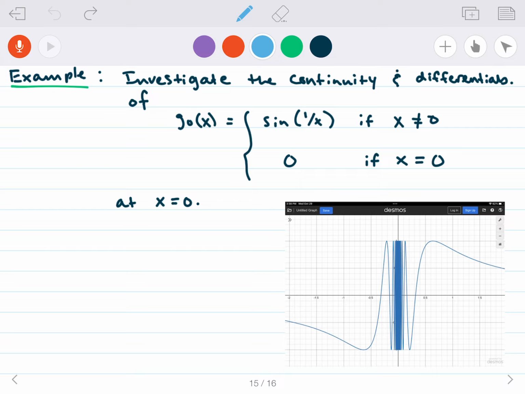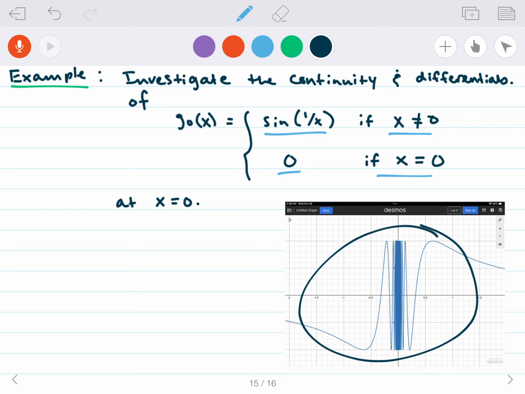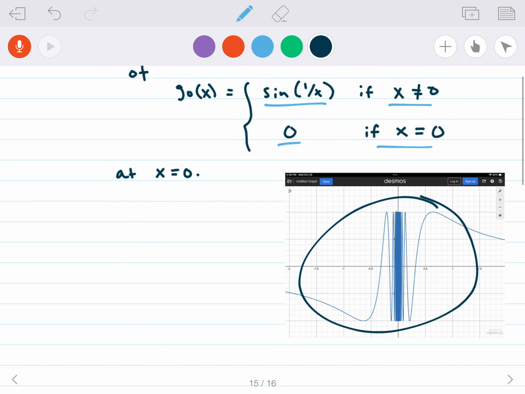g naught of x is equal to sine of 1 over x if x is non-zero, and it equals 0 if x is equal to 0. Now, if you're just plotting this in Desmos, it does sort of look continuous at 0. There's a lot of blue lines, and it goes up and down and up and down.